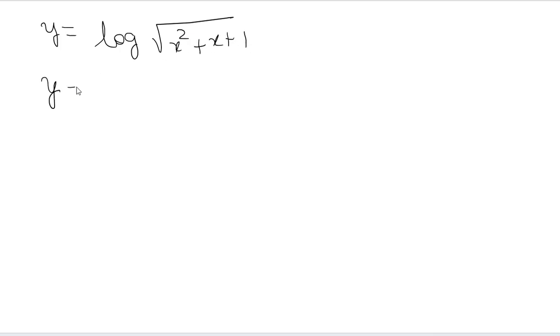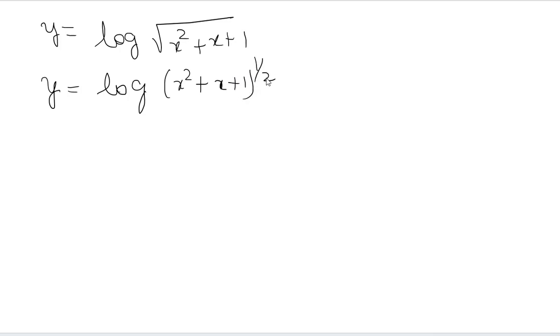We now solve one more problem. The problem is y is log of root of x square plus x plus 1. Now as soon as we see anything with a root, what we do is replace that root by half.